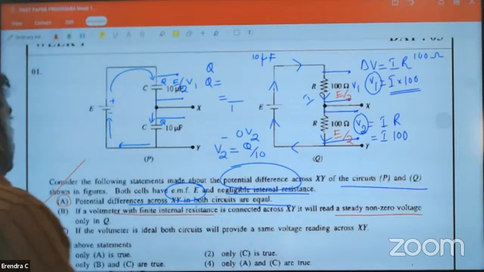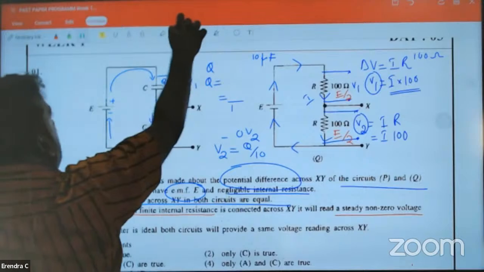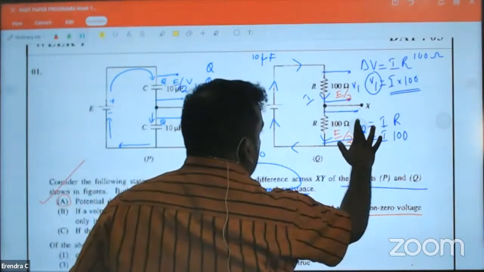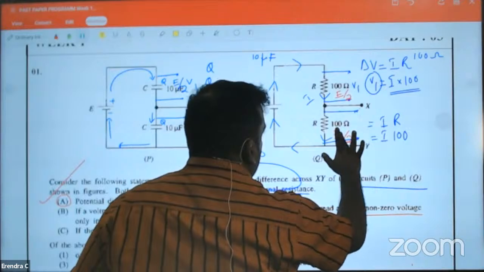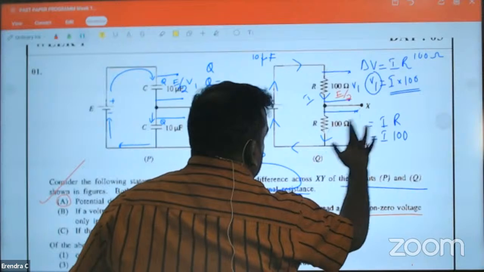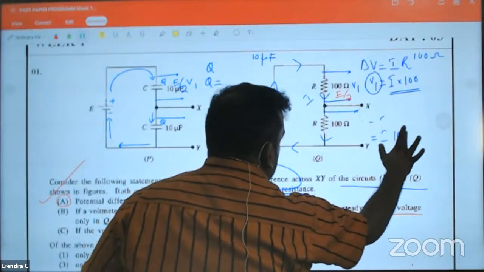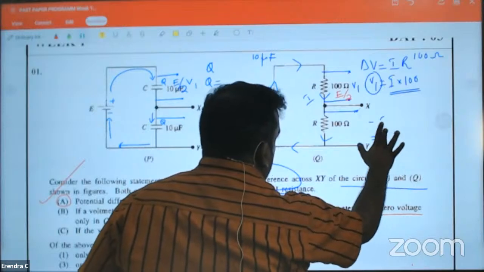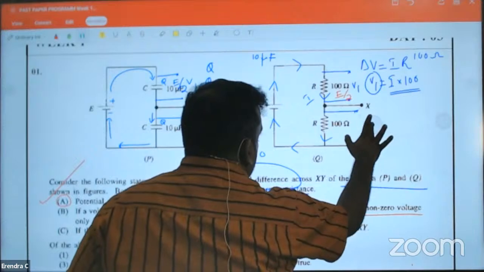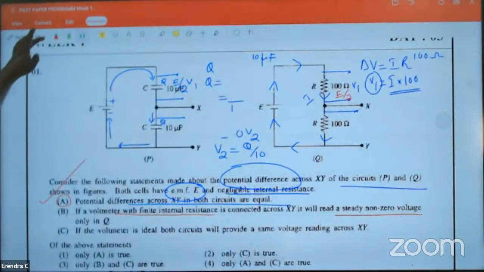Look at this carefully. Observe this now.